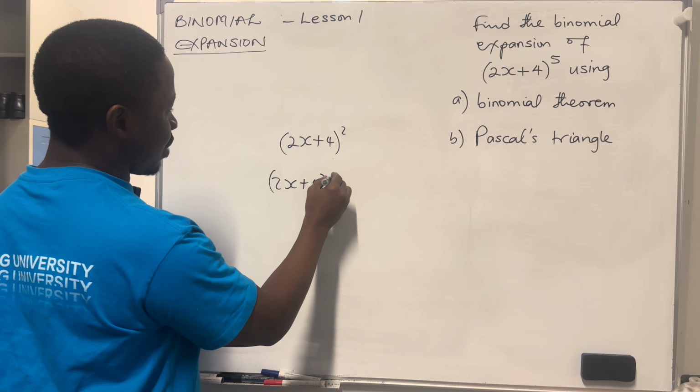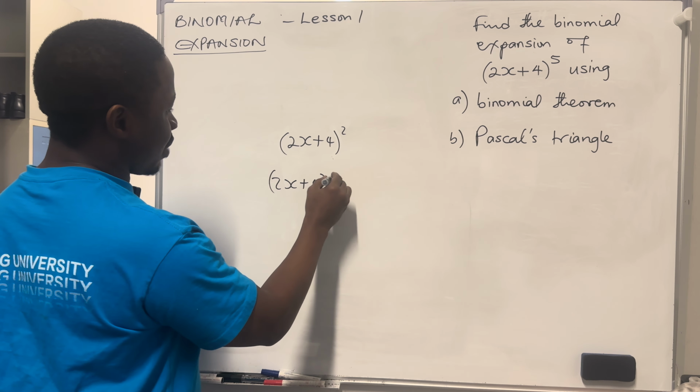So now I said this one decreases in power. If this one decreases in power, 2x starts with power 5. Look at 2x, power 4, 2x, power 3, 2x, power 2, 2x, power 1. So easy. Maybe it's time consuming, but you can understand it. This one increases in power.